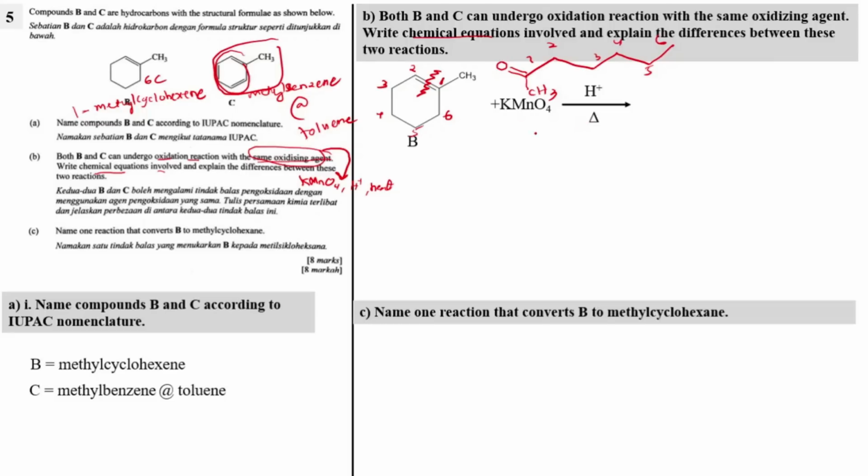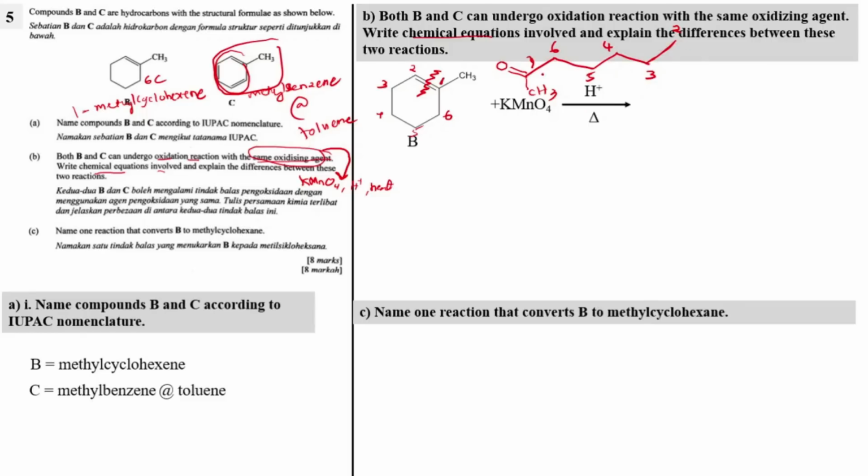And then we need to do the numbering. Okay, sorry. So we know that you're going to have 6 carbons, and now this carbon number 1 will be attached with carbon number 6 because number 2 has already been cut off. So number 2 will be at the end here. So it's going to be 1, 6, 5, 4, 3, and 2.